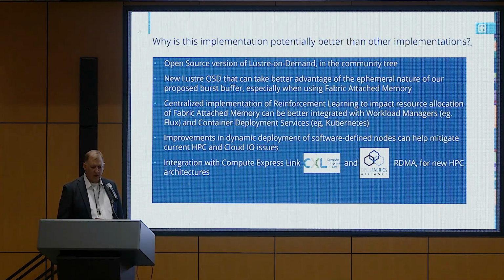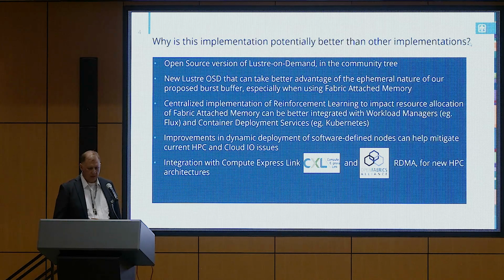Why now? Why is this a different setup than what's being done on some other systems? We're talking about adding Lustre on-demand into the Lustre tree, and also taking advantage of the ephemeral nature of burst buffers and combining that with CDI and CXL, which is coming down the pike very quickly, and also centralizing management of that kind of implementation for HPC systems.